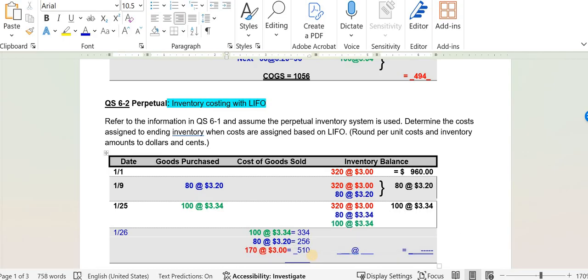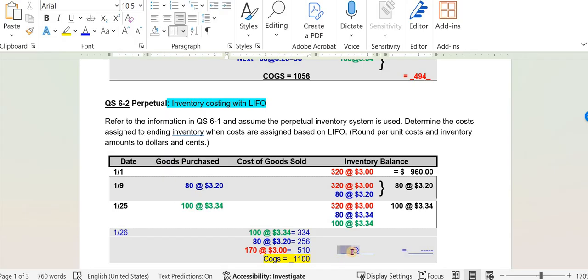So what's my cost of goods sold? It's 510 plus 256 plus 334, aka $1,100, is cost of goods sold. $1,100. Make sense? I hope. What's left? Well, the green's gone, the blue's gone, and not all of the red are gone. I used 170, but there's 320.